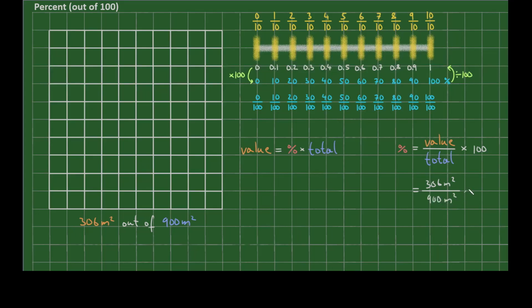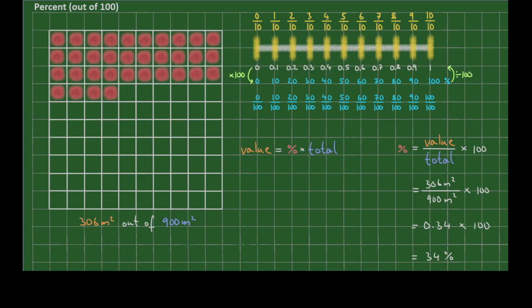We are multiplying by 100 in order to get the percentage. 306 divided by 900 is 0.34, and I'm going to multiply that by 100. Once I do that, I will end up with 34%. This calculated 34% could be represented by 34 little squares on my diagram.